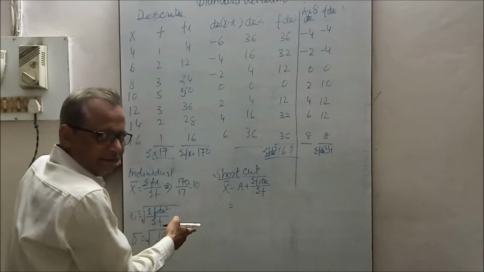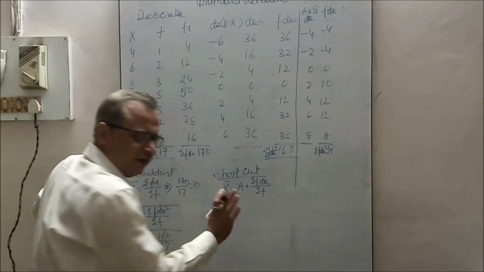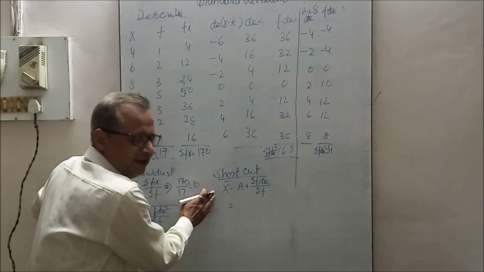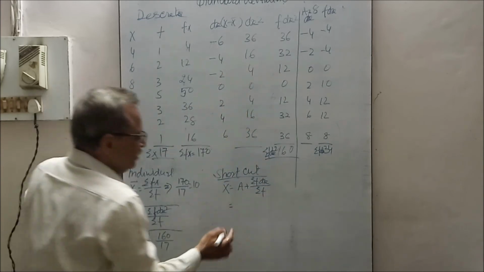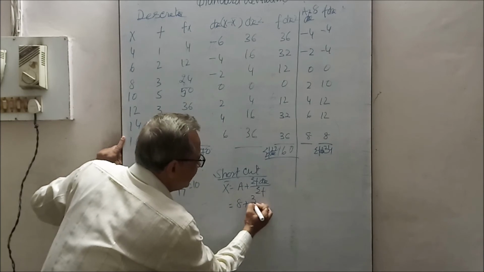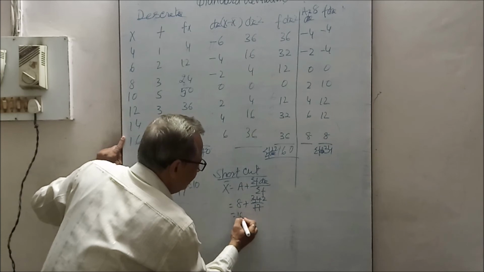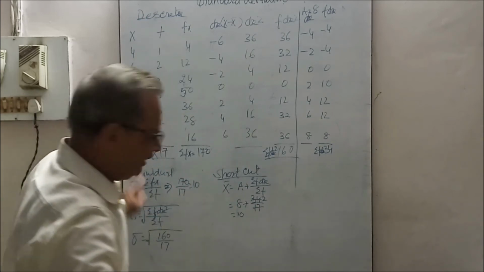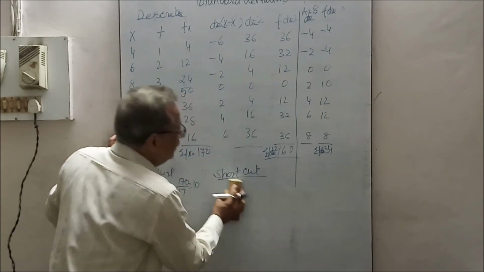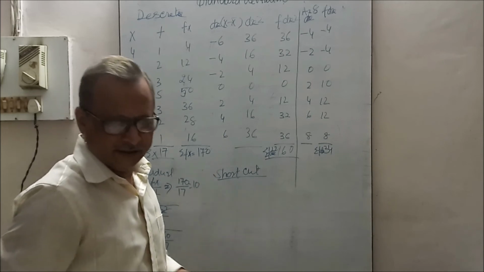Find the mean or actual mean. This is only to check; the actual mean is not used in the shortcut method. So here, 8 assumed mean plus 34 upon 17, that is 2, gives 10, the same. By the assumed mean you got the f dx.